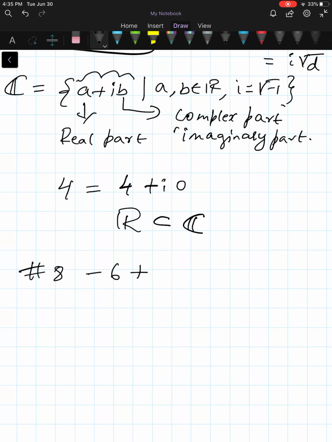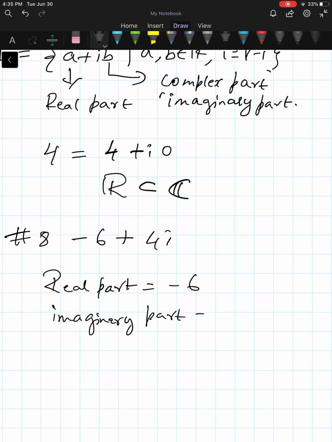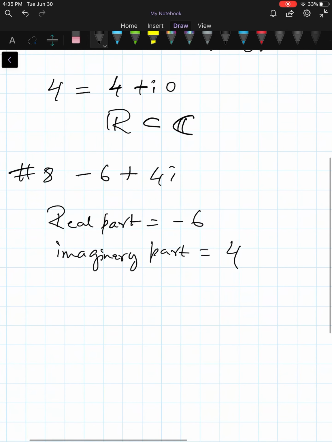The number given is -6 plus 4i. Here it is very easy. The real part is -6 and the imaginary part is the coefficient of i, therefore it is 4.